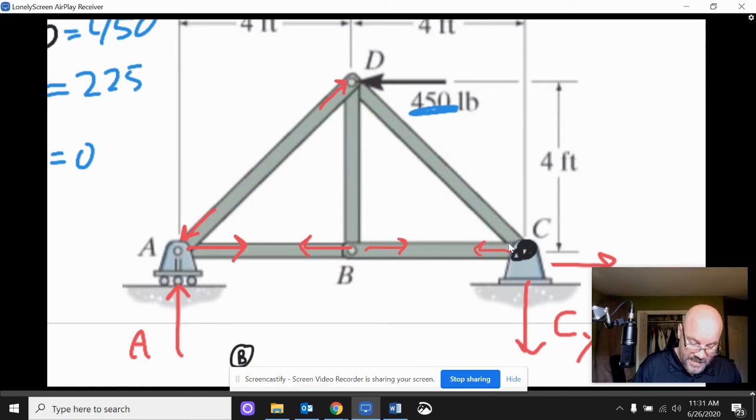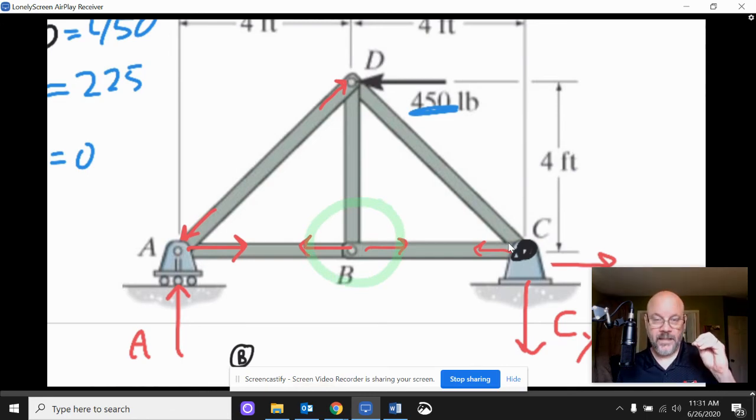And when you see this pattern, you know you've got what we call officially a zero force member, okay, which means it doesn't do anything for our external applied force, okay? It doesn't do anything for that.